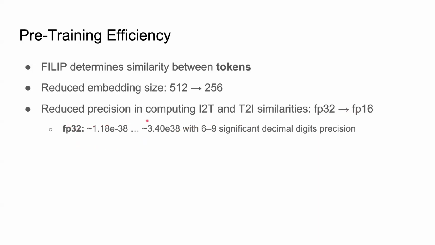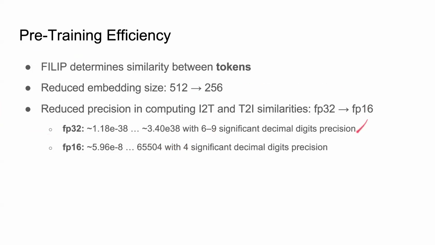And so there's a substantial decrease between your maximum value when you use floating point 32 and when you use floating point 16, as well as the number of significant digits that you can have in decimal, 6 to 9 versus 4. So this is one thing they use to improve the efficiency.